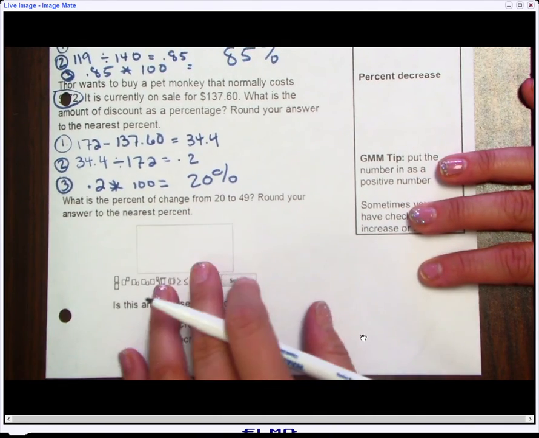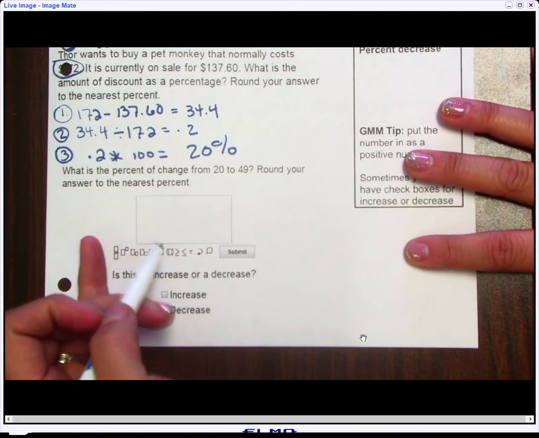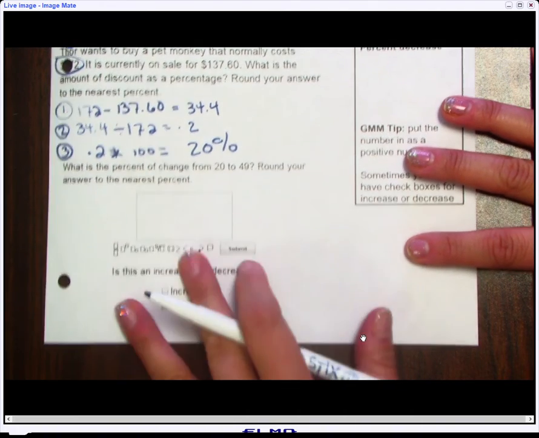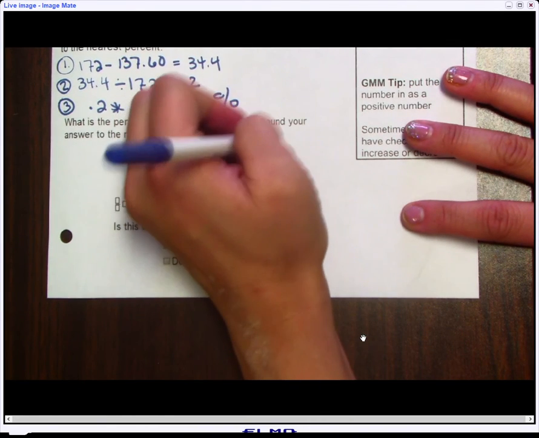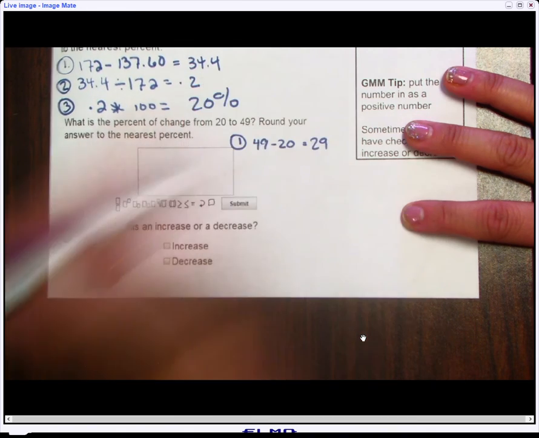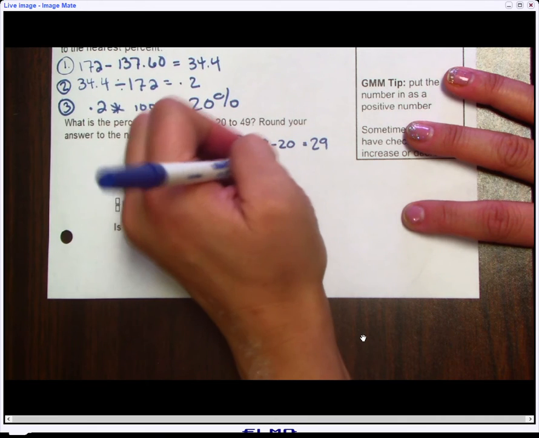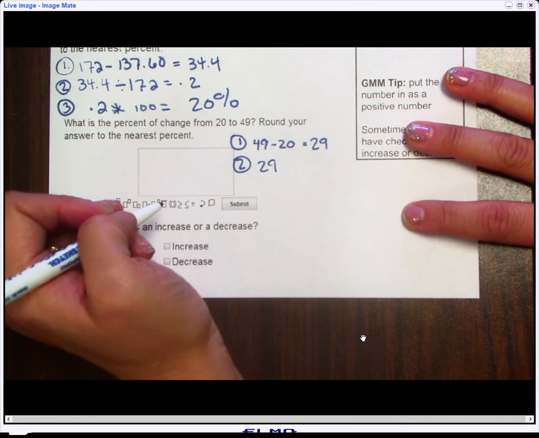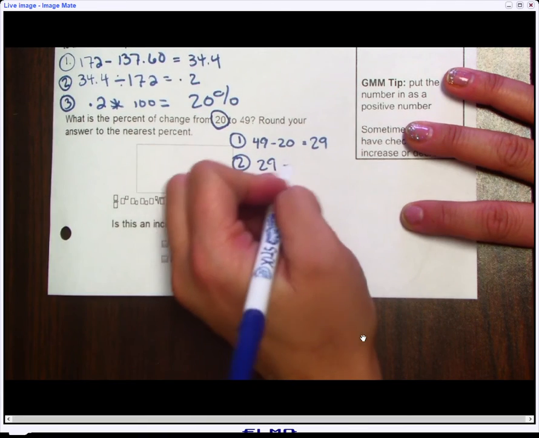Last problem on this paper, the percent change from 20 to 49. We're going to round our answer to the nearest percent. So again, our 3 steps, 49 minus 20, that's 29. And then we're going to take our 29 and divide it by the first number in our problem, that original number, that's 20.